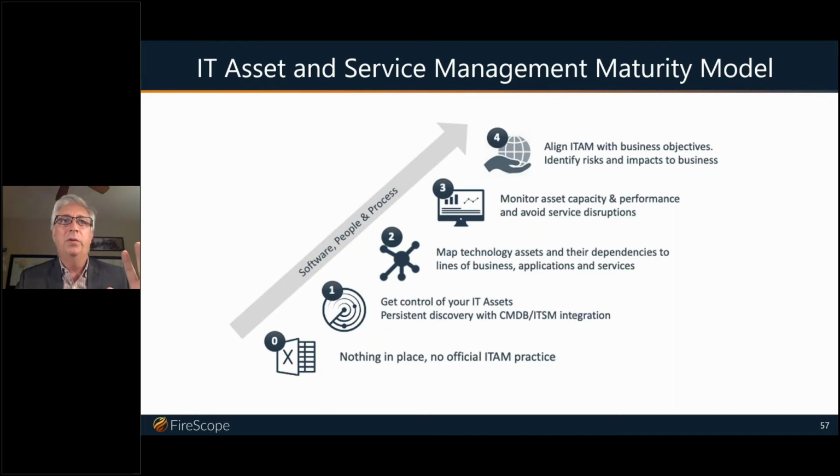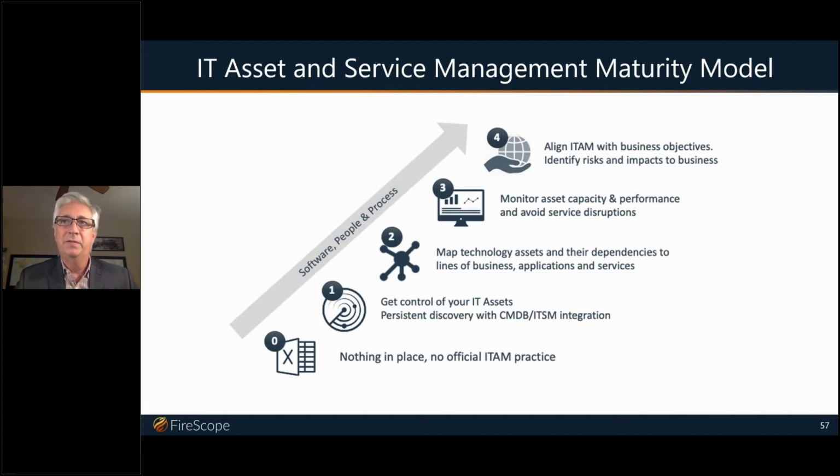Once you're at level 3, you can start to monitor the performance of the important assets, the applications, the response time to these applications, and provide a more proactive service management experience, right? If you're doing level 1 and level 2, you're getting to be more proactive, but once you start to monitor the business services for their health and availability, you can start getting ahead of those problems before they become an issue with your customers.